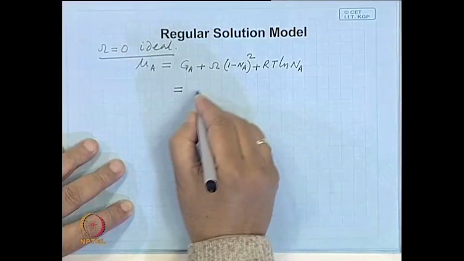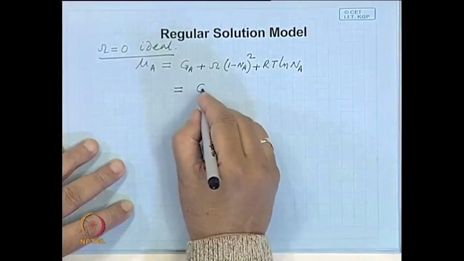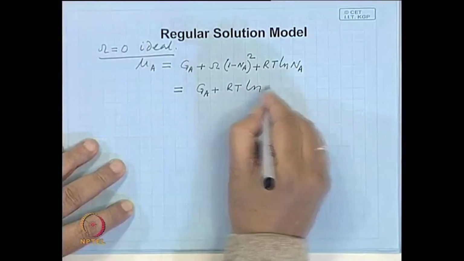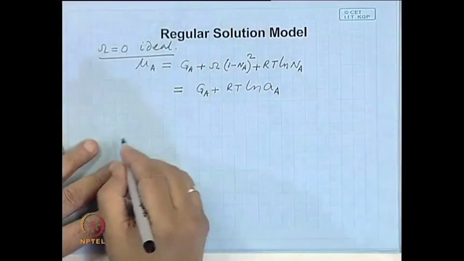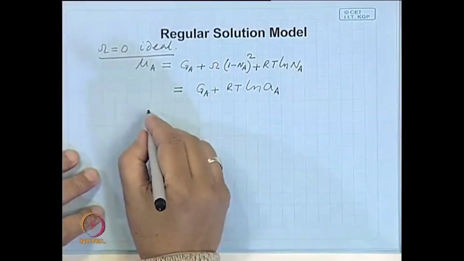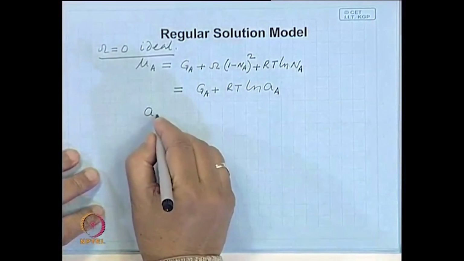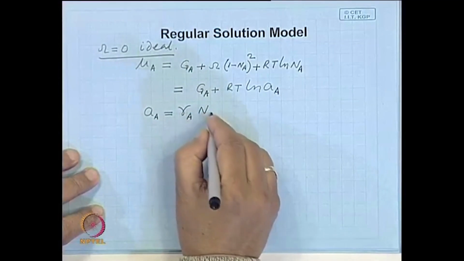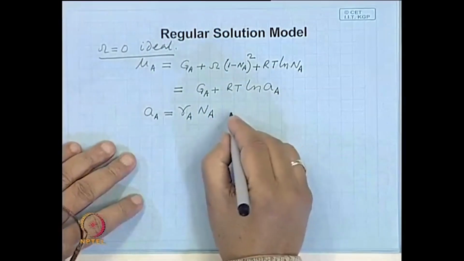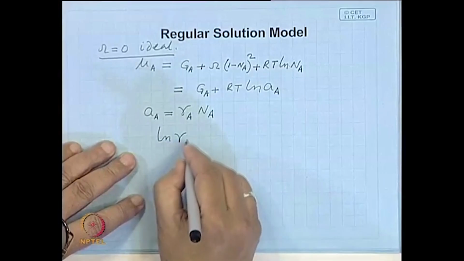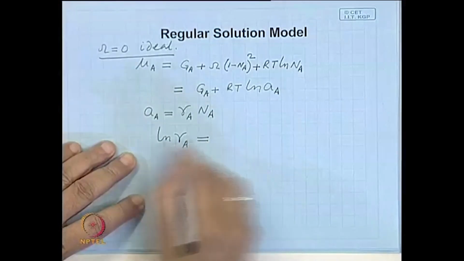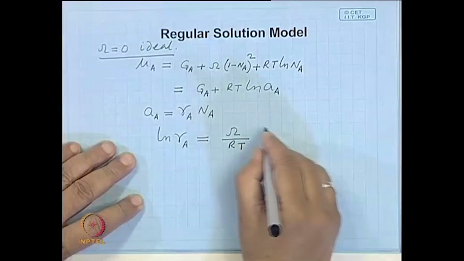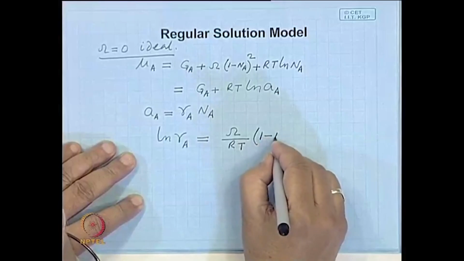So this is equal to G A plus RT ln activity of A. Therefore, one can show that activity of A is equal to activity coefficient of A times atom fraction, and therefore gamma A will be one minus.